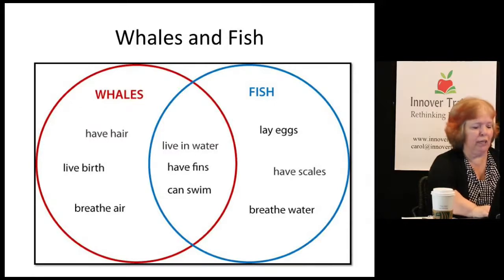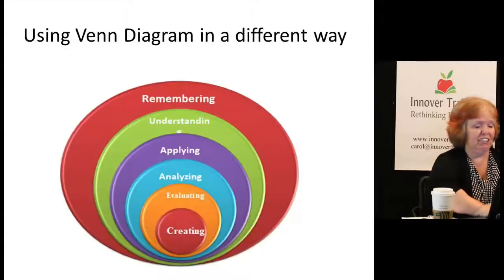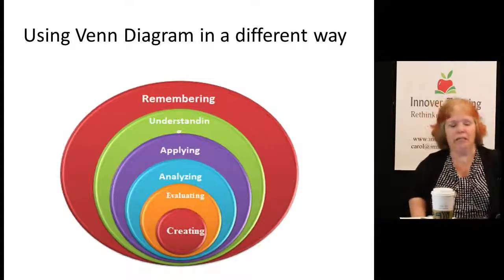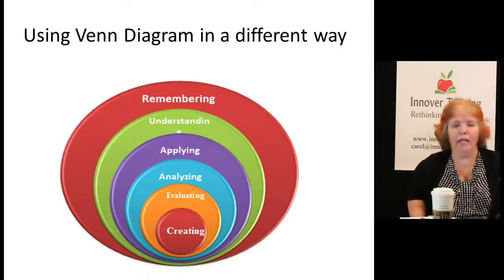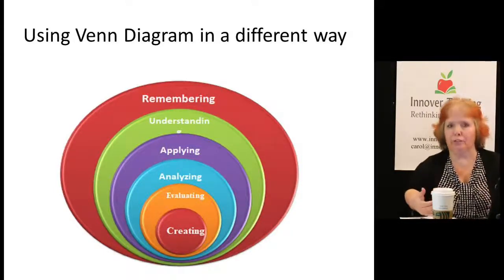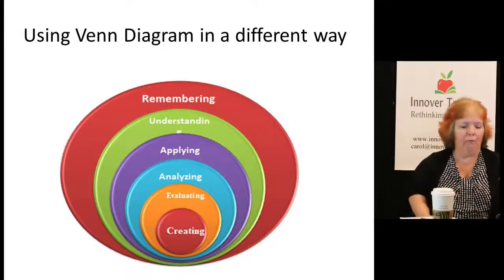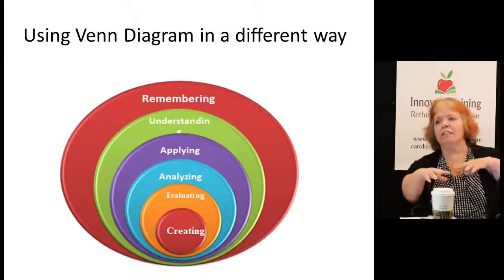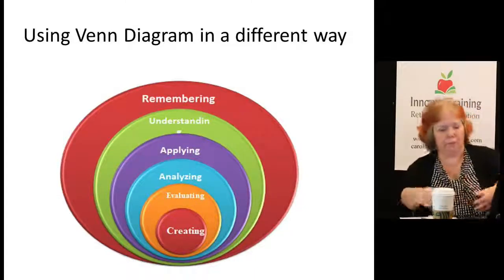Now I want to demonstrate how I've used it a little bit differently. This Venn diagram I created some years ago when I was doing a train the trainer type program. I was helping other teachers understand teaching concepts.